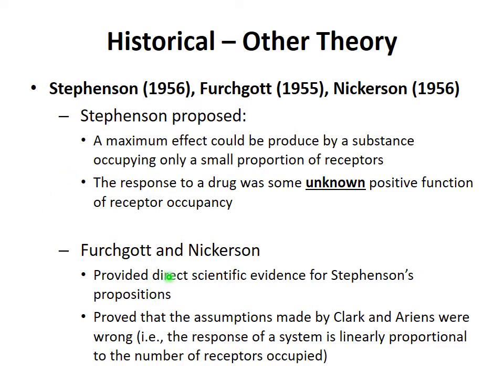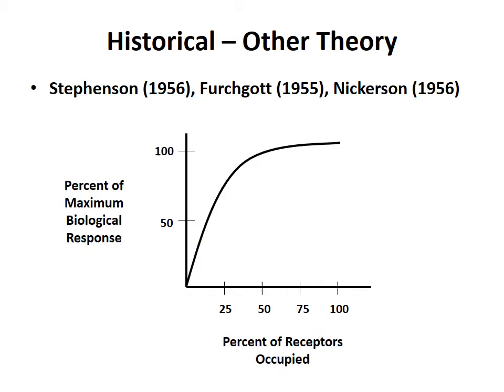Okay, so they provided direct scientific evidence for Stephenson's propositions. They proved that the assumptions made by Clark and Arians were wrong, that the response is not linearly proportional to the number of receptors occupied. So this is what Stephenson, Furchgott, and Nickerson proposed, that we may reach close to 100% biological response with less than 100% receptor occupancy.